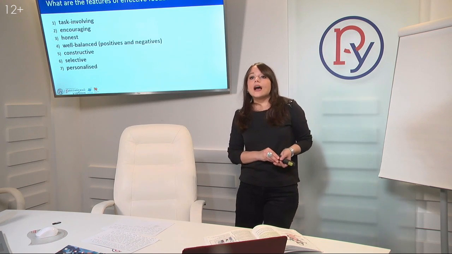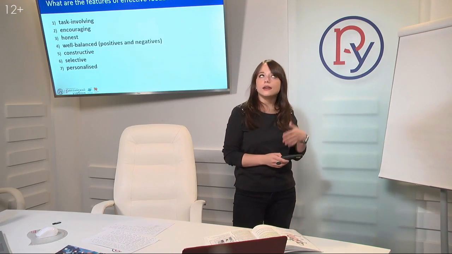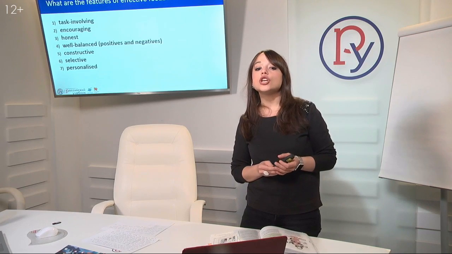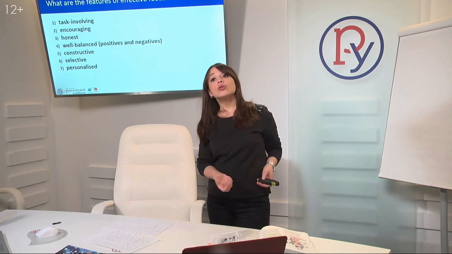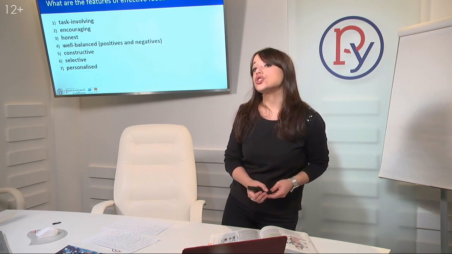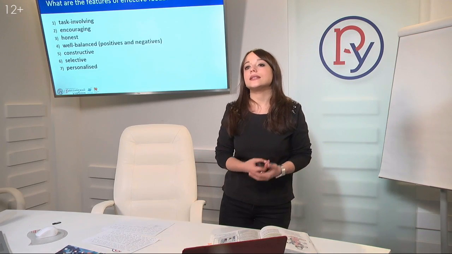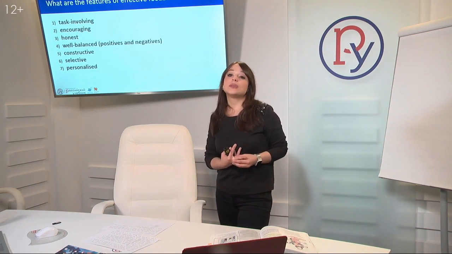How do we make our criticism constructive though? In some of our previous videos, we talked about constructive criticism being helpful criticism. So constructive means intended to help. Then how can we make our criticism helpful? First of all, by making it specific.